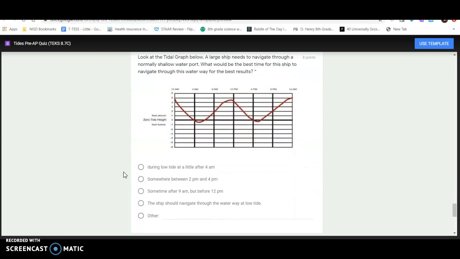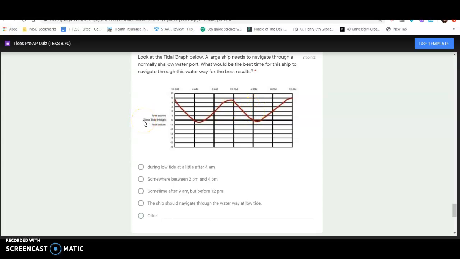Look at the tidal graph below. A large ship needs to navigate through a normally shallow water port. What would be the best time for this ship to navigate through this water for the best results? During low tide, a little after 4 a.m., which is right about here. Somewhere between 2 and 4 p.m., which would be between here and here.